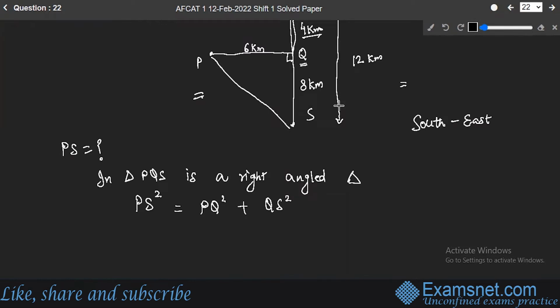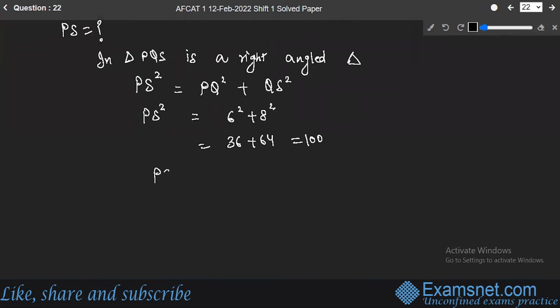PS square is equal to 6 square plus 8 square, which gives you 36 plus 64, that is equal to 100. So PS is equal to root of 100, which is 10 kilometers. Actually it's plus minus 10, but the distance cannot be negative, so I'm taking only the positive value, 10 kilometers.